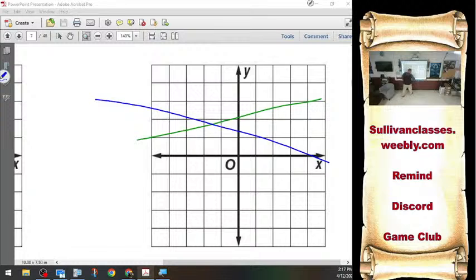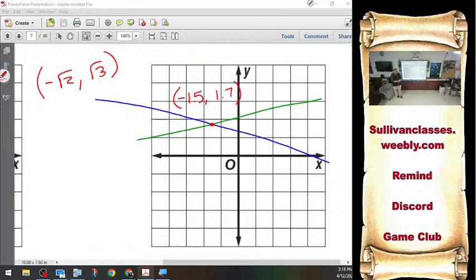What coordinate is that? Something icky. Is that negative 1.5, positive 1.7? Is that negative square root of 2, square root of 3? You don't know, do you? Because it doesn't land on a nice integer intersection.